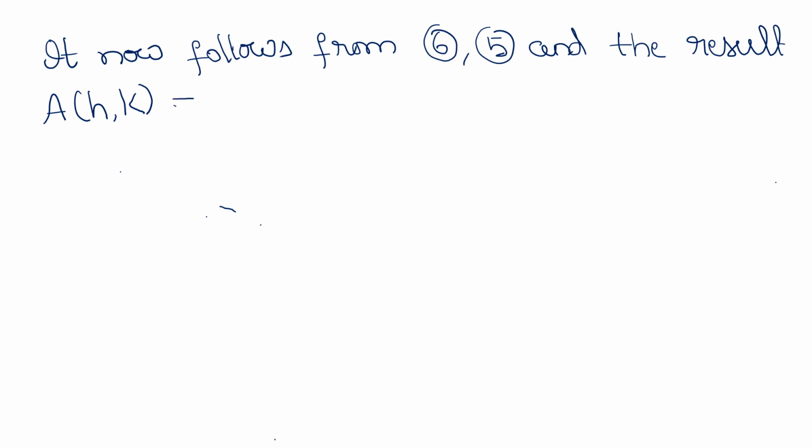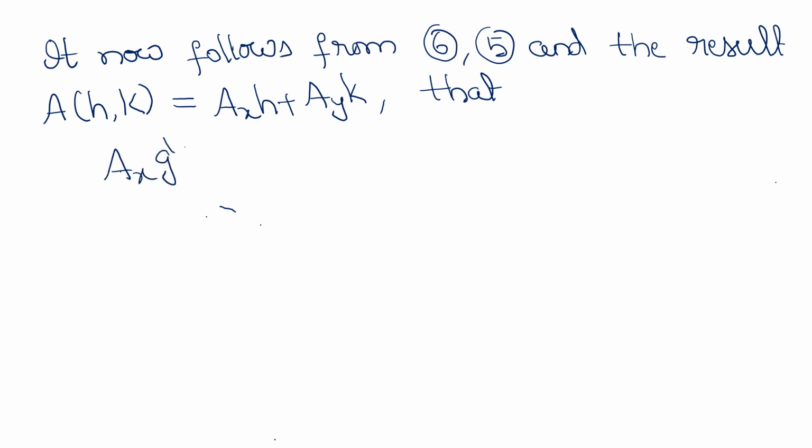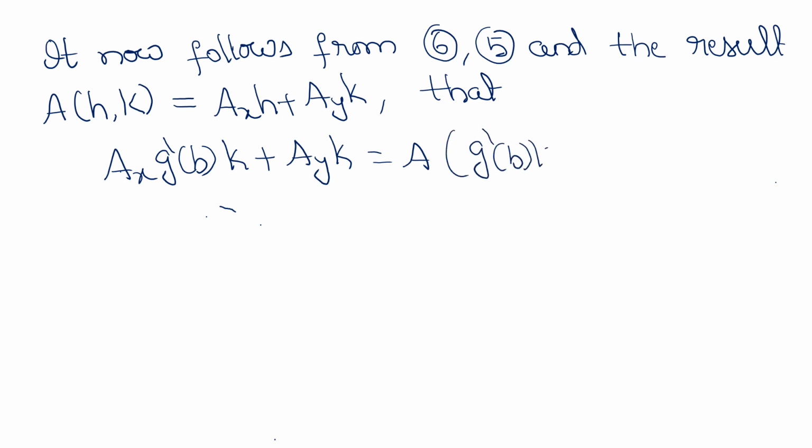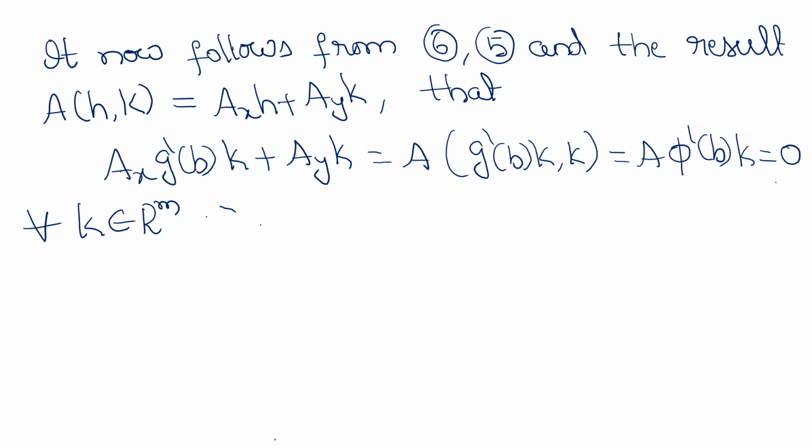A(h, k): A can be split into two transformations, Ax h plus Ay k. So using all these three, we get Ax g'(b) k plus Ay k is equal to A times g'(b)k comma k, which is equal to A phi'(b) k, which is equal to 0 for all k belongs to R^m.